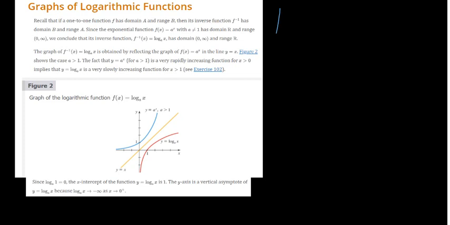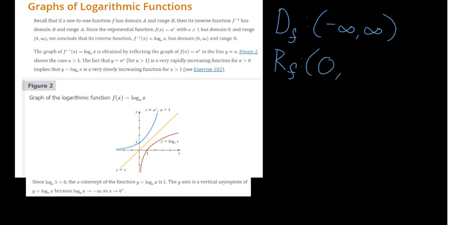The domain of f is negative infinity to positive infinity. The range of f is from 0 to infinity.